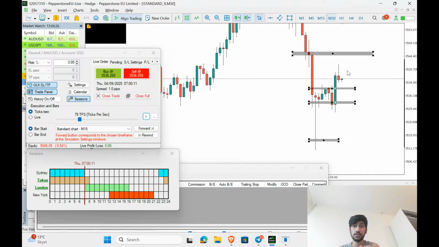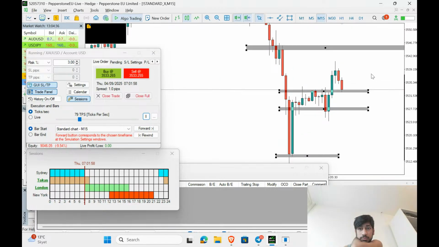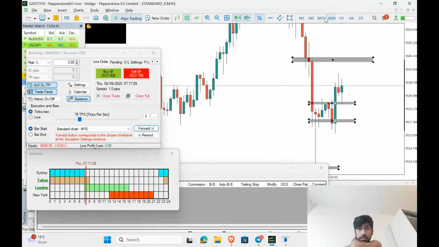H1 is bullish, M30 is whatever. But this is not the candle I want. I want a super bullish candle.